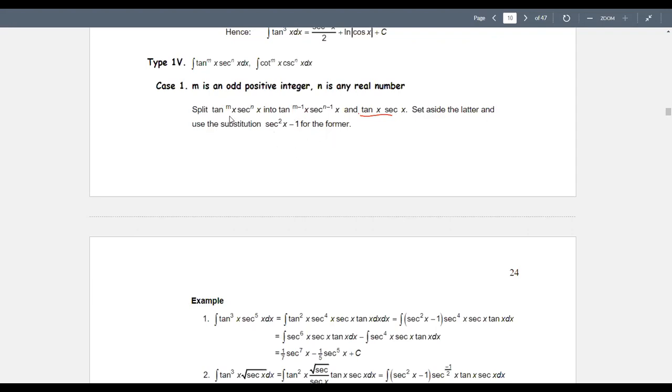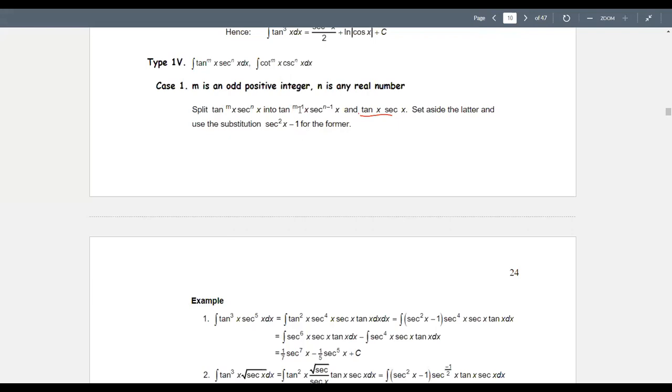So this is the former, the tangent. The secant and the cosecant go with the tangent and the cotangent respectively. If you're given this type of integral here, the second one, it will be converted all into an expression containing only secant or cosecant.